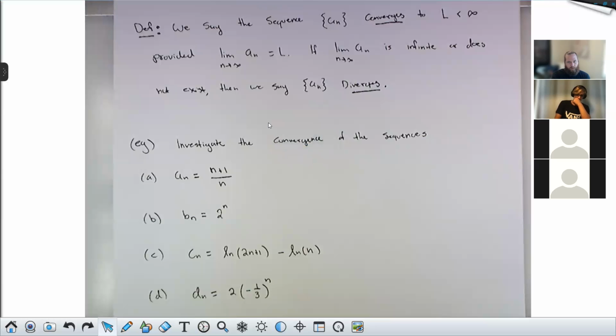So looking at the definition above, what is it I need to do to each of these sequences to answer the question? Take the limit, plot some of them, or yeah, limit. Both great ideas. Yeah, so we need to take the limit. That's the definition, right?